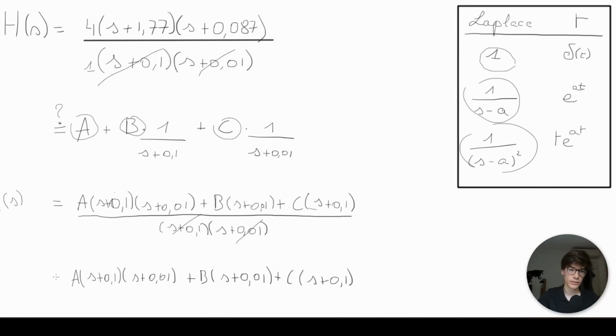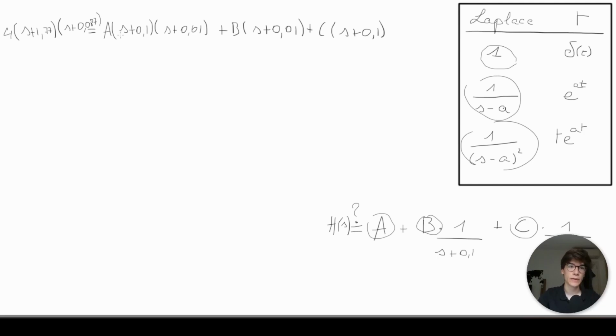This needs to be equal to this expression here. So 4 times s plus 1.77 times s plus 0.087. Okay, I don't have enough space here. Let me fix this.